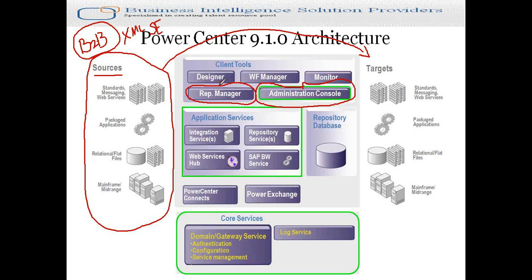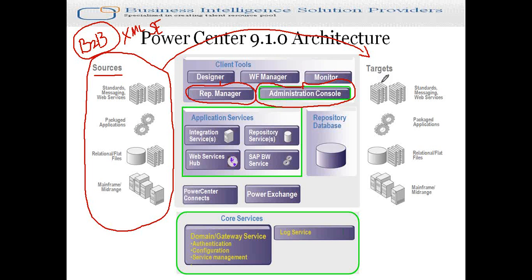Now, if you want to manage the volumes of the data, when you say volumes, it depends on how many records you're reading as source and how many records you're passing through your transformations into the targets. Simply saying, it's the total number of records processed on a daily basis.